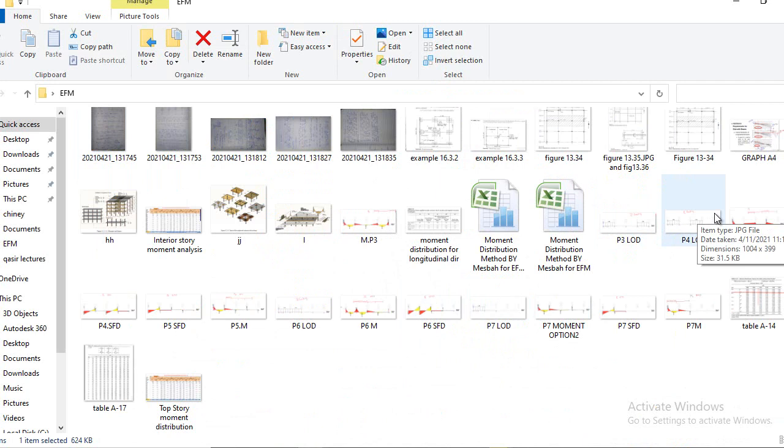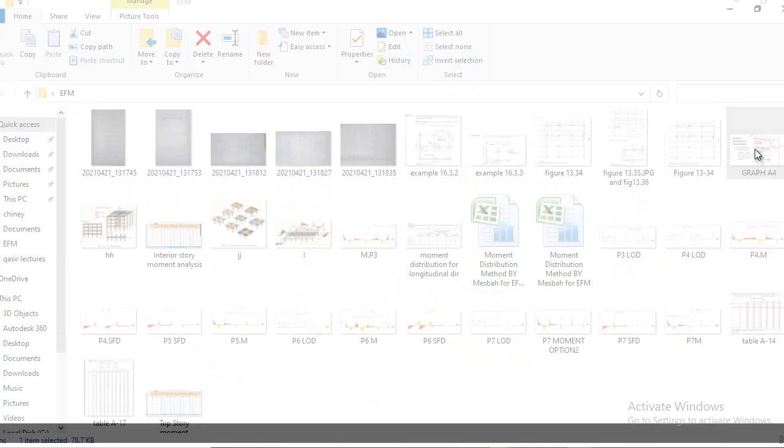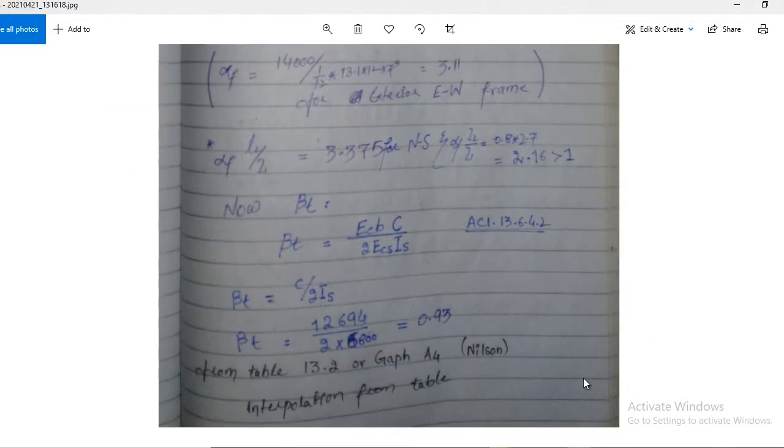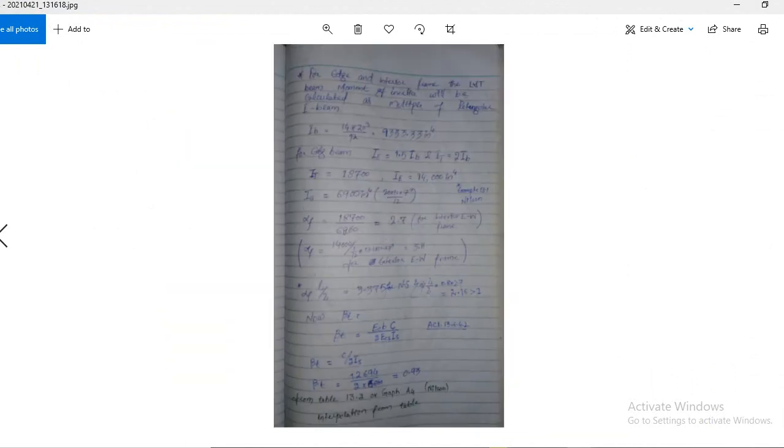Here we have a ratio of L2 by L1 of 0.8. We already saw this ratio.